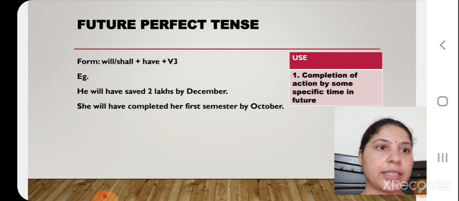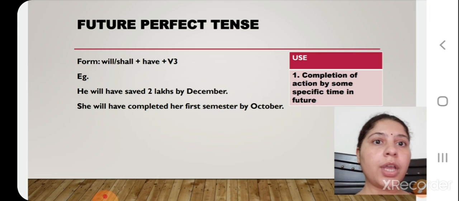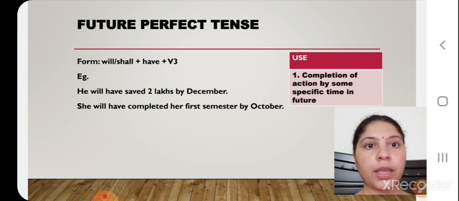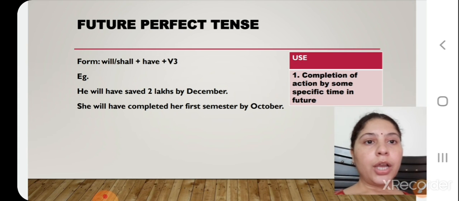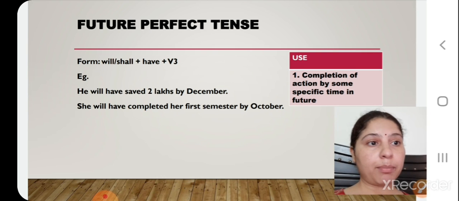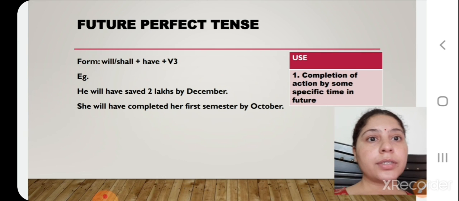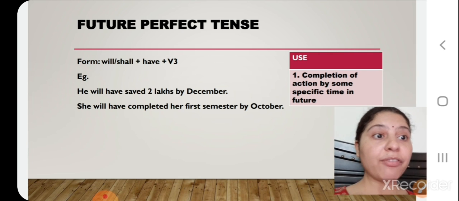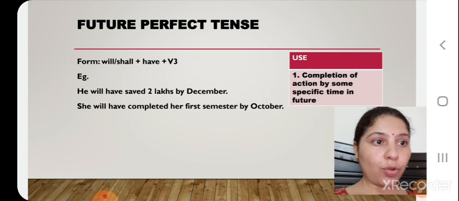Future perfect tense means in future, with specific time in future, you want to say that some action will be completed by that time. For example, you will have completed your 10th class by March 2020. You will have completed. So this is quite predictable.